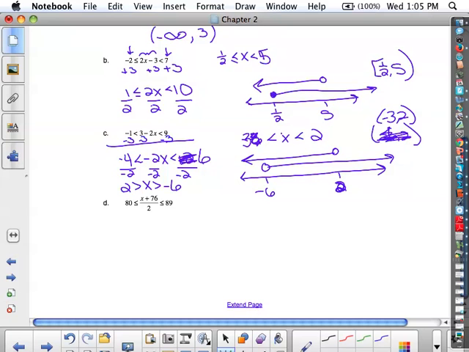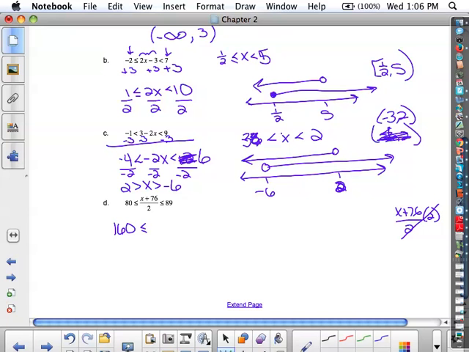Okay, let's take a look at D. Again, I have to do the same operation to each of those 3 regions, so I'm going to multiply each region by 2. Please don't leave any off on this one. When I multiply 80 by 2, I get 160. When I multiply that center by 2, over here, x plus 76 over 2, when I multiply that by 2, they cancel.